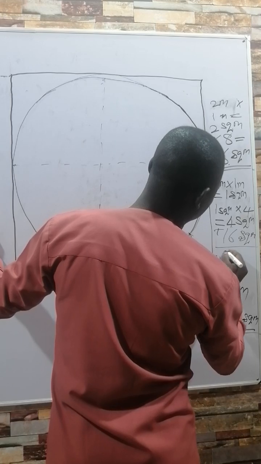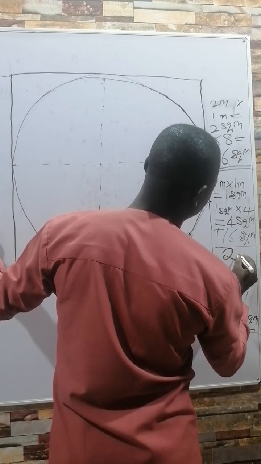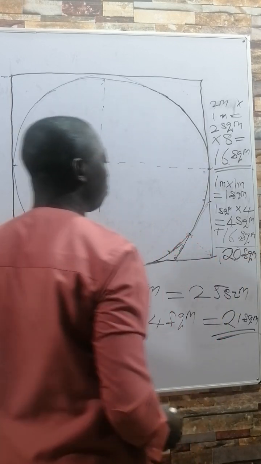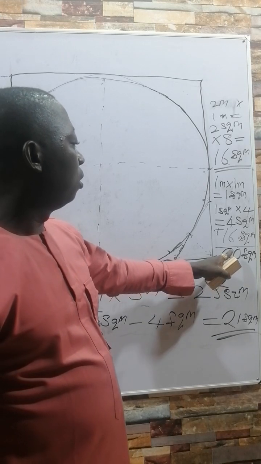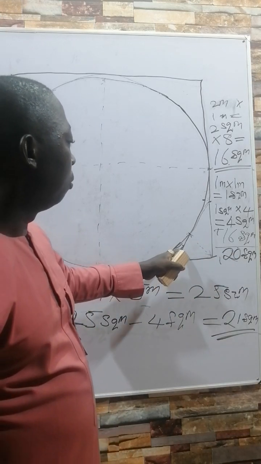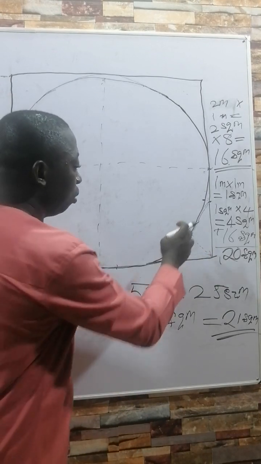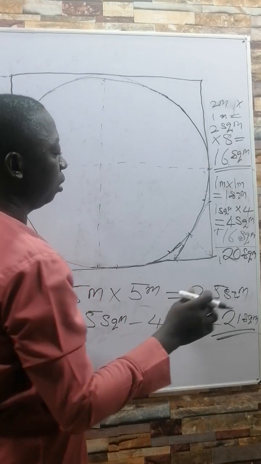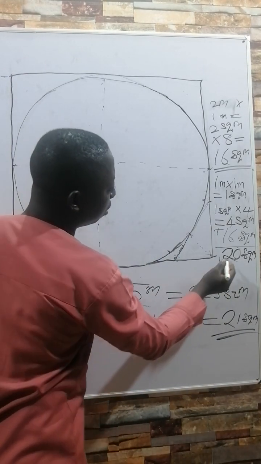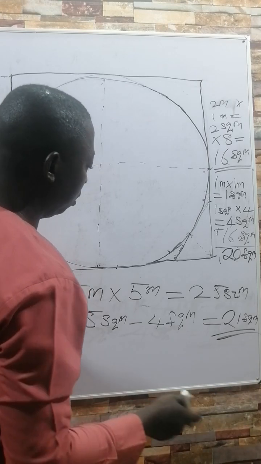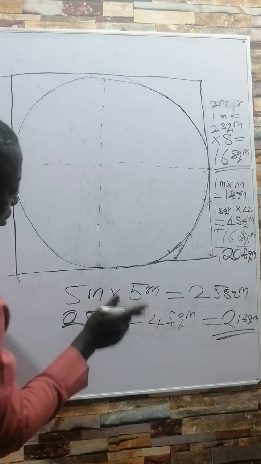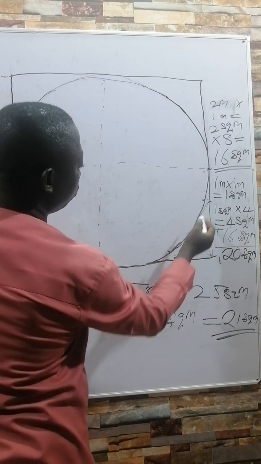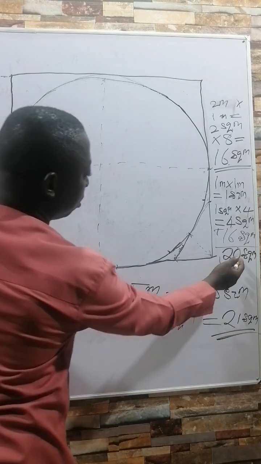Then you have 20 square meters of the material that you remove out of here, including here and here. So the total you're going to remove from here is 20 square meters, instead of the 4 square meters that you removed here before. Then you've added these ones. Then it comes to 20 square meters.